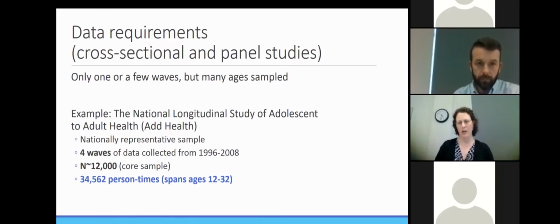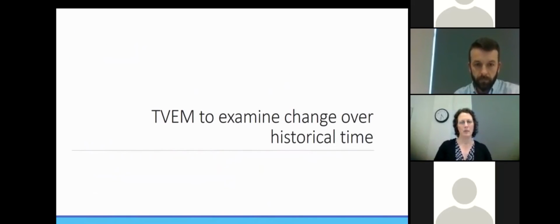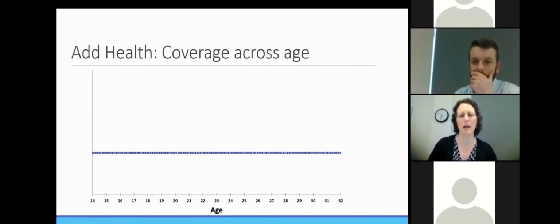If you think about the data points, this is actually plotting the points of assessment in AdHealth. And if you know anything about AdHealth, everyone who sees this is surprised that we have such incredibly dense, good coverage across age from a 4-wave panel study.